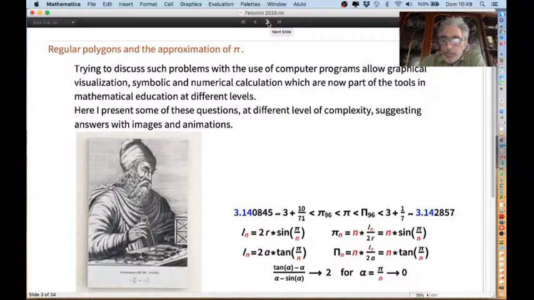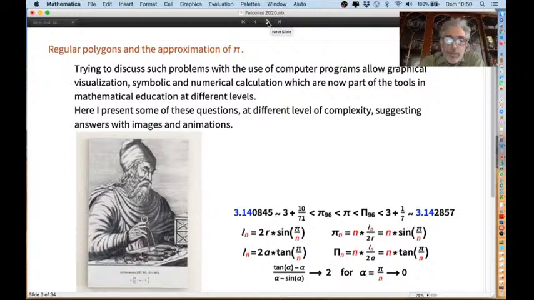I want to recall the famous mathematician George Polya, who wrote beautiful books on learning mathematics, and in particular mathematical discovery, where he discusses explicitly visualization in problem solving. Here I present some of these questions at different levels of complexity, suggesting answers with image and animation. So we start with some history.